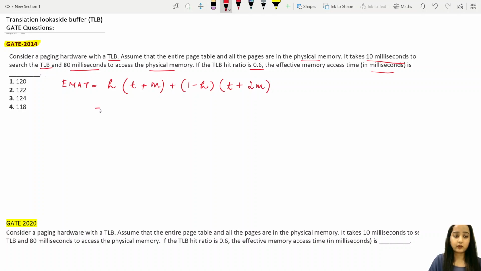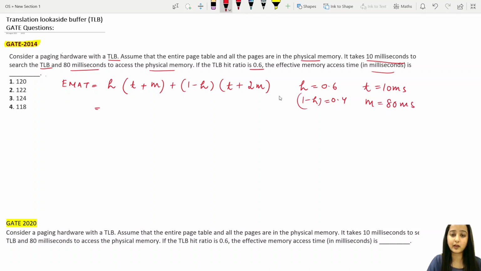So what is H here? 0.6, the hit ratio is given. Then the TLB miss, 1 minus H, will be 0.4, 1 minus 0.6. Then the time taken to access the TLB, that is T, is given as 10 milliseconds. Then the time taken to access main memory is given as 80 milliseconds.